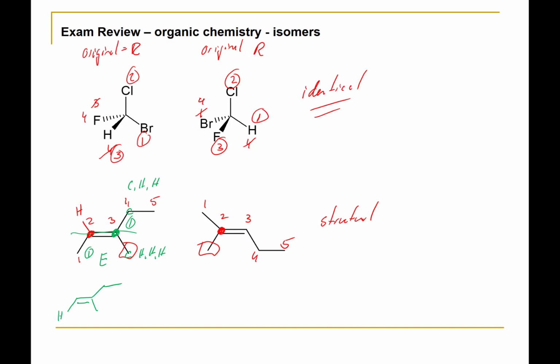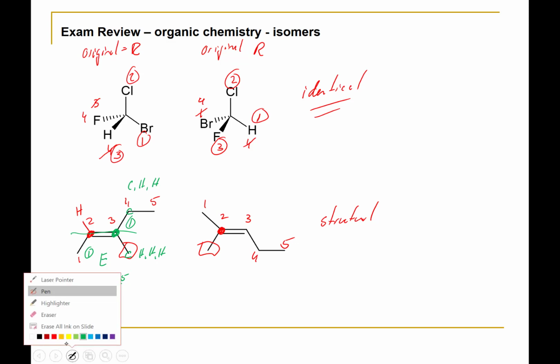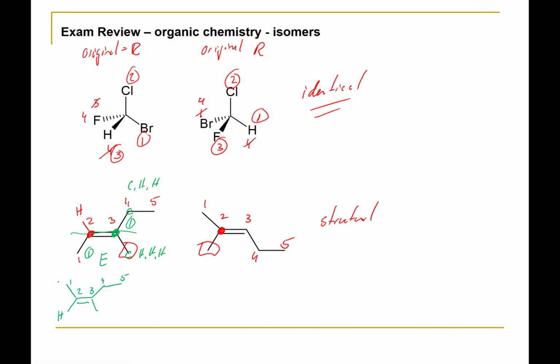Well, if I put my hydrogen down at the bottom and put my methyl group or the CH3 group up there. So 1, 2, 3, 4, 5, I've got 5 carbons. In terms of prioritizing, now I'll go back to my red pen. I have 1 up here, I have 1 right there, they're on the same side, so that is my Z. I hope you have found this short video in reviewing thinking about isomers to be helpful.